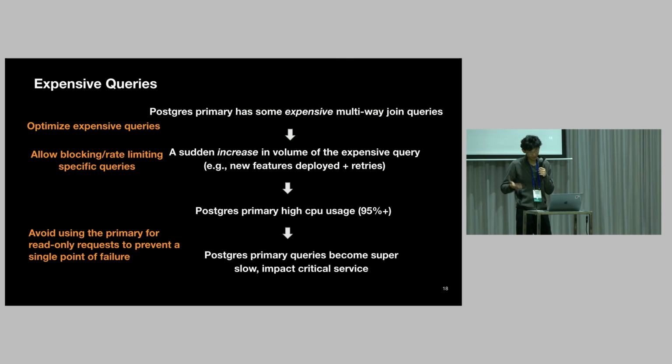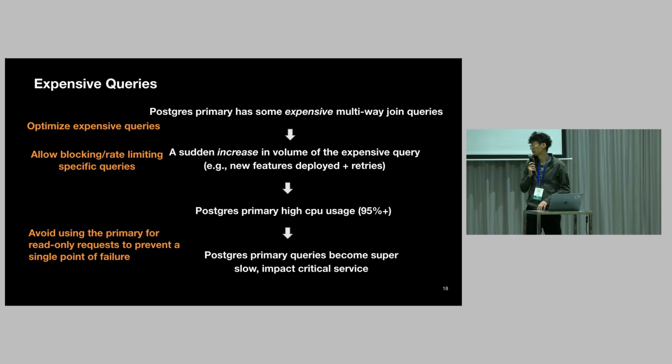So in the past, we saw a sudden increase in the volume of those expensive queries, and it made the Postgres primary CPU really high. It just jumped to more than 95%. And then the Postgres primary becomes super slow because of the high CPU, and it impacts the critical service of OpenAI.